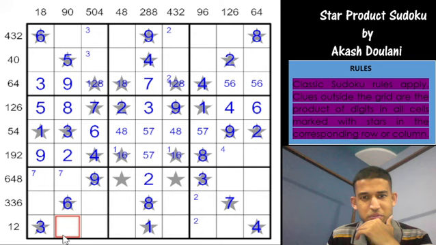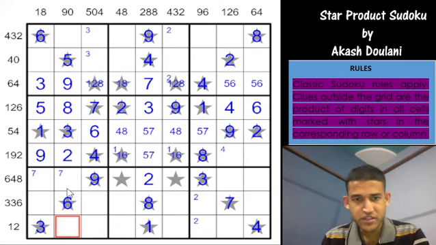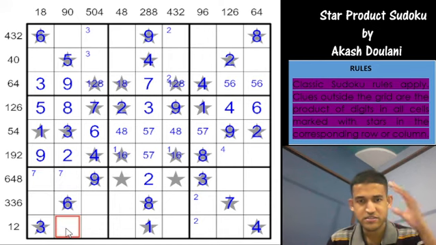I'm certain that I've been solving it correctly. Let me take a moment, guys, just to see where I have broken the Sudoku. You can see that 7 goes here, but then I'm not able to get any digit here.